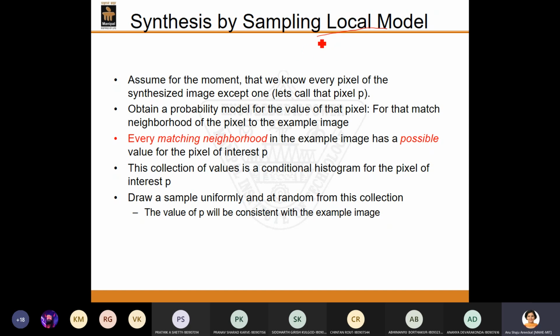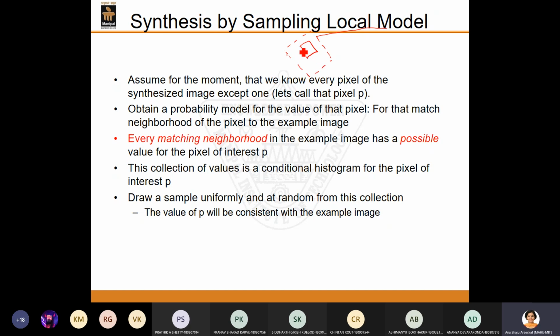Let us see how we can use this sampling local method to synthesize a texture image given an input image. Let's say you have an input image here, and you want to build up on this input image to create a larger image with the same texture. To do that, you can use the sampling local model, which we'll be discussing right now.